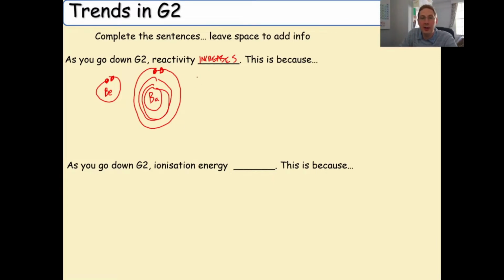You need to talk about outer electrons further from the nucleus. The fact that there's a weaker attraction to the nucleus.